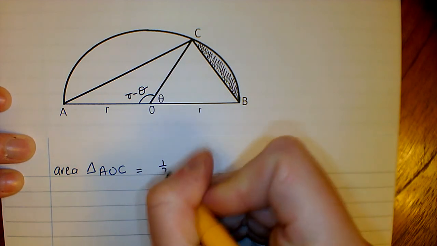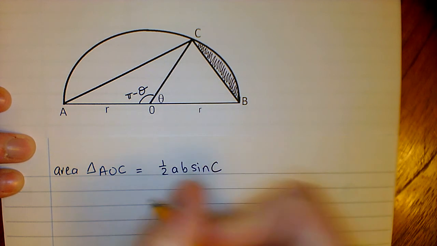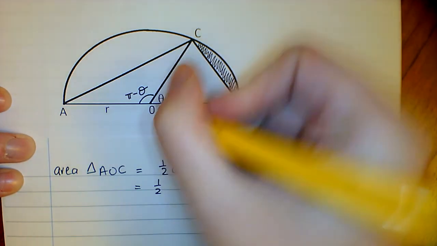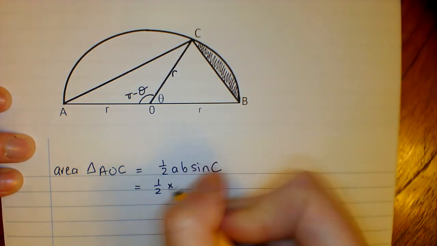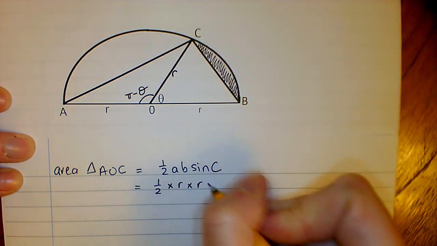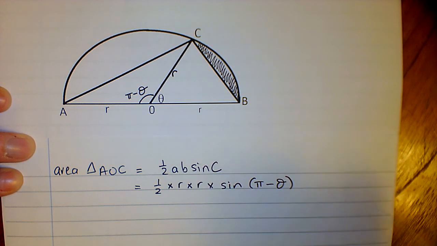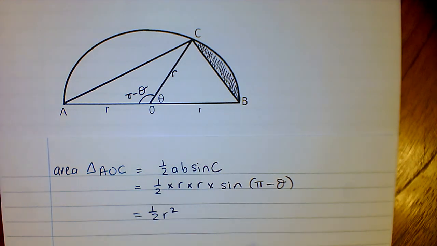So we're using the formula a half ab sine C to find the area. So the two sides, obviously if this is a radius, this has to be a radius as well. So it's a half times r times the sine of pi minus theta. So that's a half r squared.